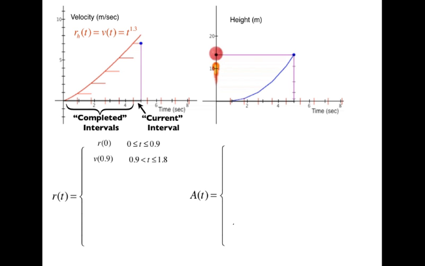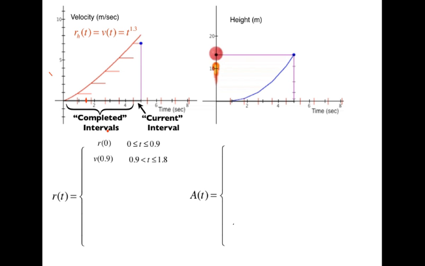What's our approximate rate at 1.5? How would we express the approximate rate at 1.5? Not R of 0.9. I'm asking what R of 1.5 is.